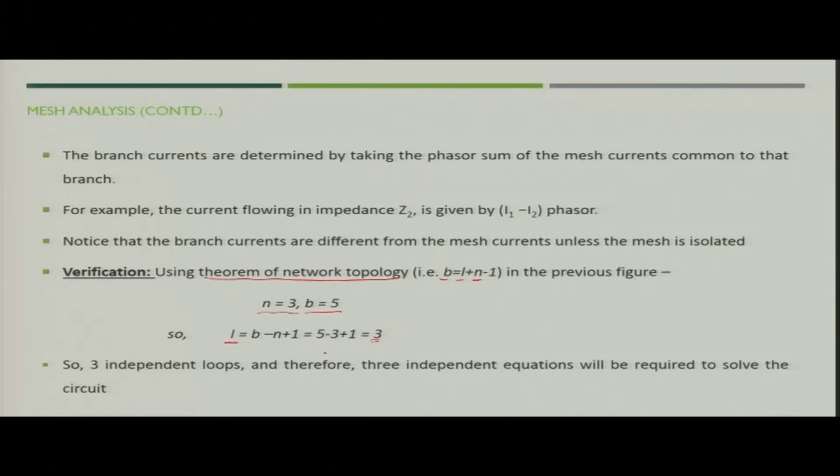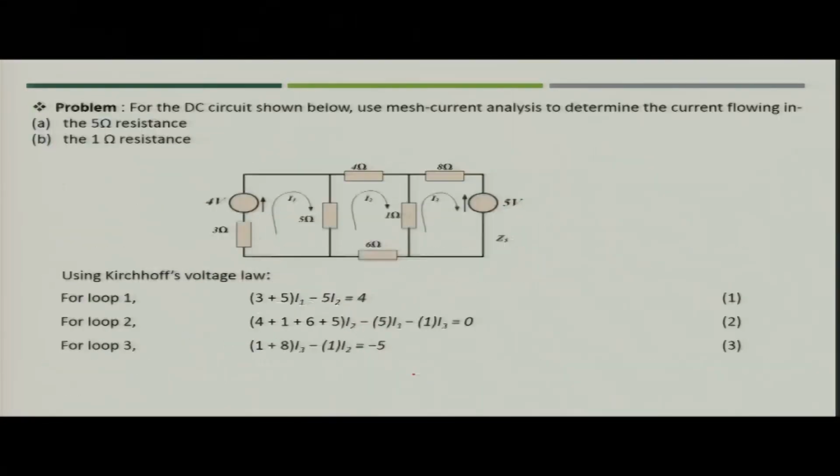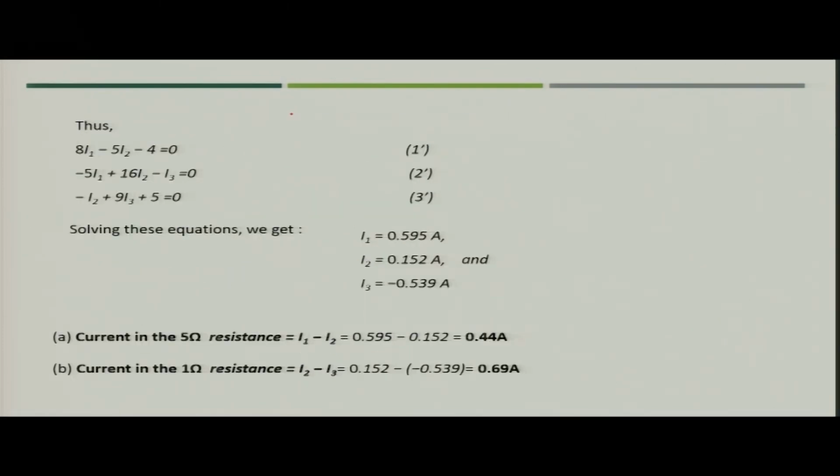That means we need a minimum of 3 independent equations to solve this circuit. Then we discussed the example, which was essentially a DC circuit, and we found that the current in the 5 ohm resistance is 0.44 ampere and in the 1 ohm resistance is 0.69 ampere.